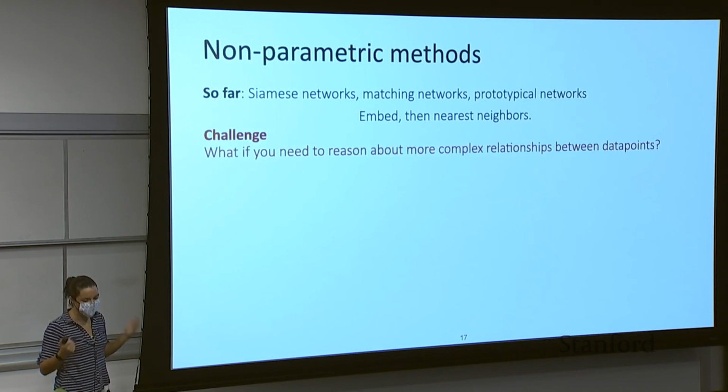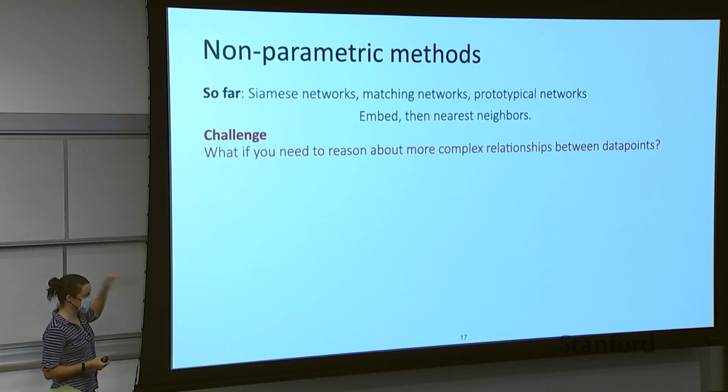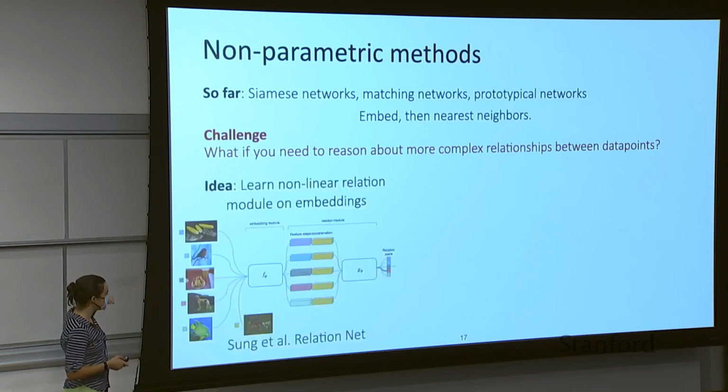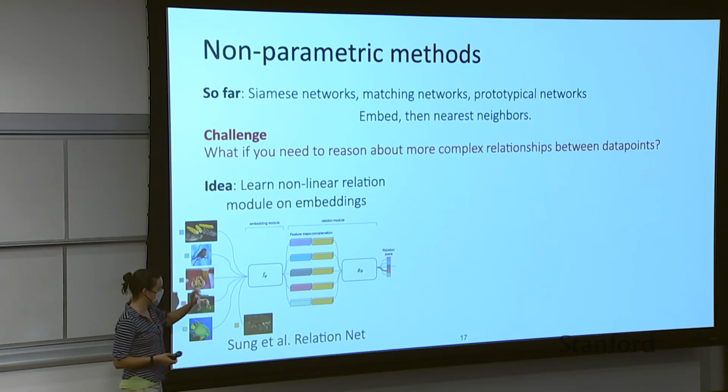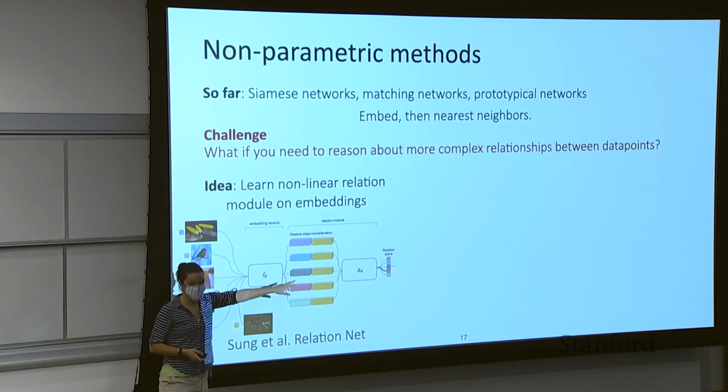One challenge that does come up is that you might need to reason about more complex representations or relationships between data points. There are approaches a bit more complex than these methods that try to address more challenging few-shot learning problems. For example, instead of using cosine or Euclidean distance, you could try to learn a distance function.